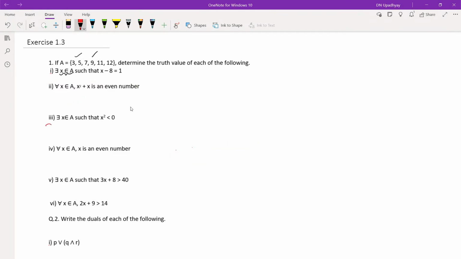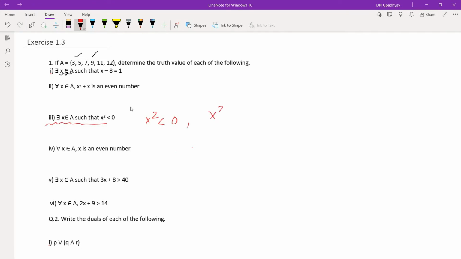Okay, so question number 3: there exists x belong to A such that x square is less than 0. It means they are asking whether there is any element for which, when we put x, x square is less than 0. And it is very easy.